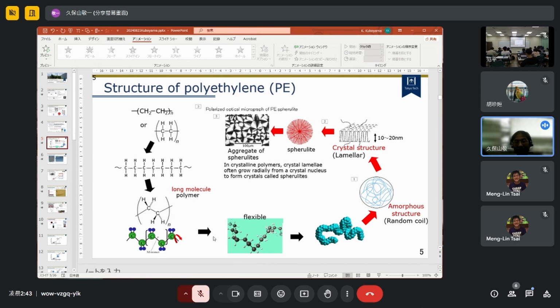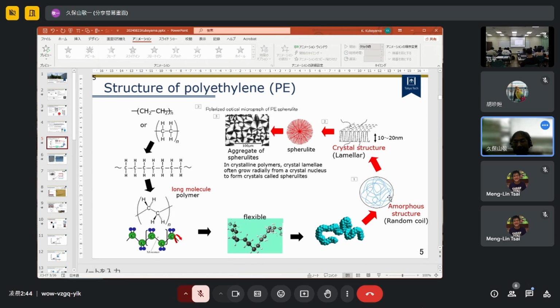But this polymer is a three-dimensional molecule. It does not show a linear structure, but a flexible, bent structure like this, and can form the amorphous structure like this. That is called a random coil.